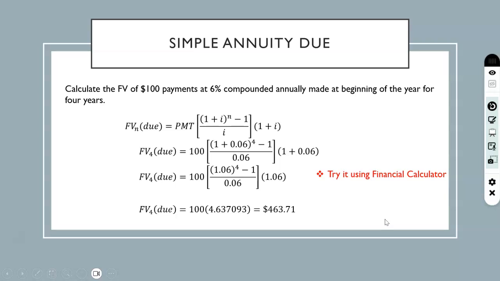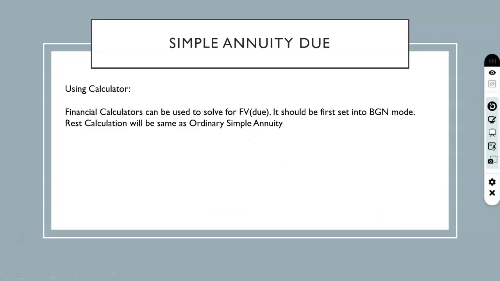You can also try it using the financial calculator. For solving simple annuity due problems in financial calculators, you follow the same procedure as for an ordinary simple annuity. But before that, you need to set your calculator in beginning mode.